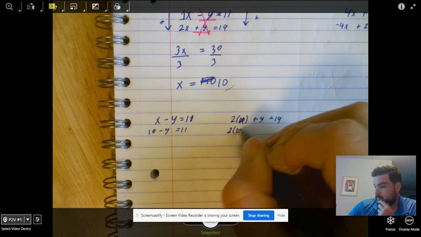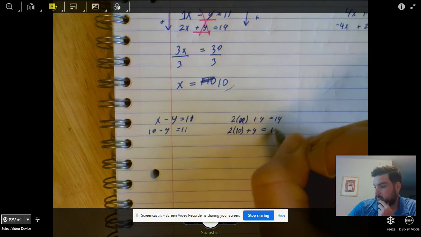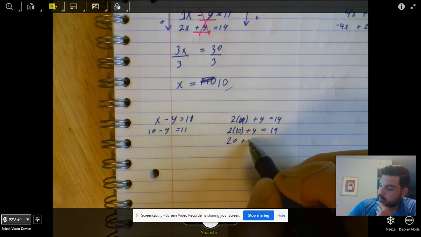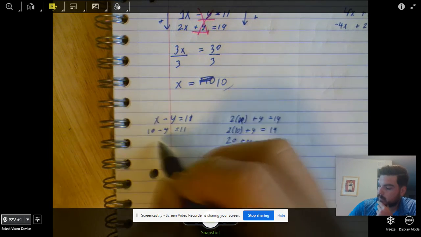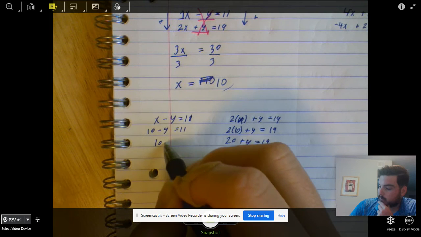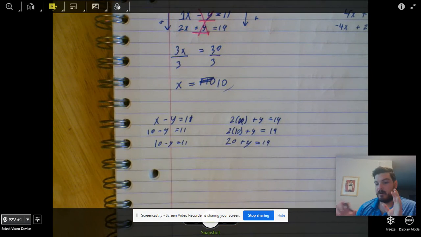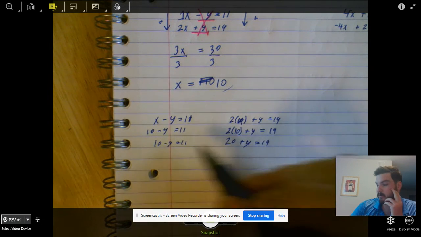So 2 times 10 plus y, and then we have 20 plus y, which is 19, and then I have 10 minus y equals 11. I'm just using both to show. You don't need to do both of them. You just need to choose one.